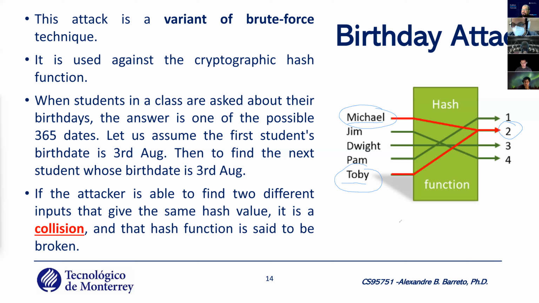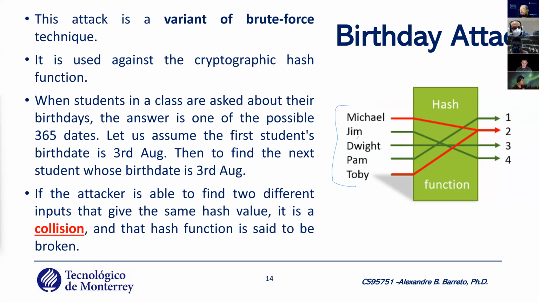It's not related to the birthday, okay? It's related to the collisions. Again, to understand, think that you have a password system with 1, 2, 3, 4, 5. You have only 5 users. Each user needs to have one specific hash. How many bits do you need to store the password?